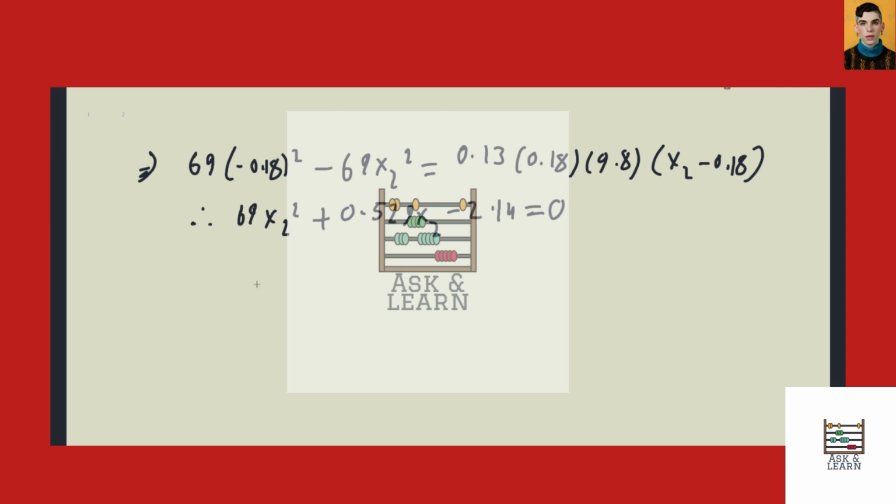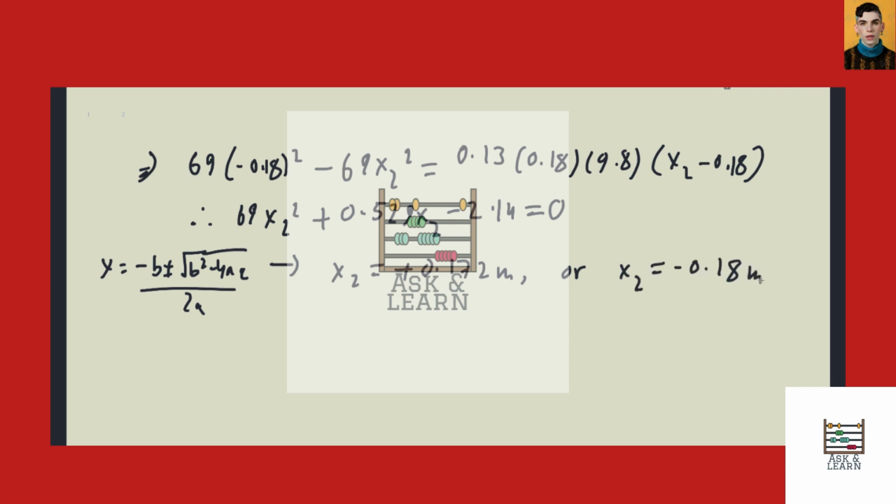This is a quadratic equation and can be solved by your calculator, or by x equals minus b plus or minus the square root of b squared minus 4ac over 2a. That will give us two values of x2, plus 0.172 meters and minus 0.18 meters.